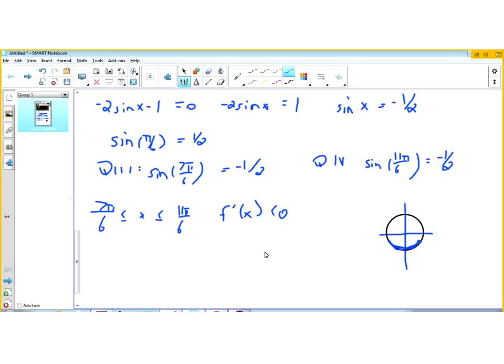If you're between 0 and 7 pi over 6, f prime of x will be less than negative 1/2. Sorry, not less than 0, but less than negative 1/2.